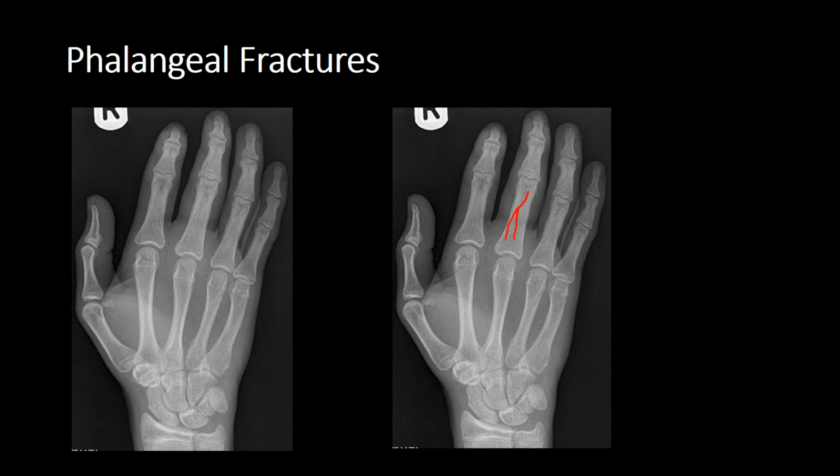Whereas here, although you have two lucent lines, there's going to be absolutely no displacement and no surgery needed, because if you just put this patient in a splint, it'll heal very nicely. So please only reserve the term comminuted for fractures where there's gross displacement of large chunks of bone.